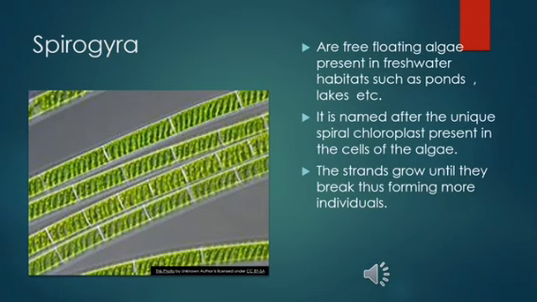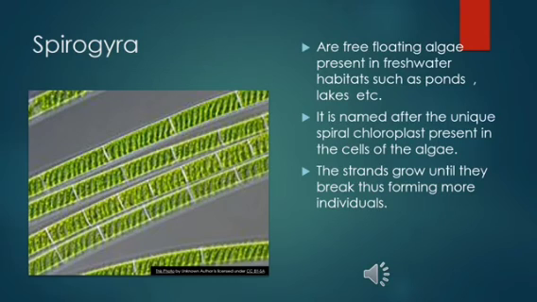Now Spirogyra is a kind of algae present in freshwater habitats such as ponds, lakes, etc., and it exhibits this method of reproducing by fragmentation.